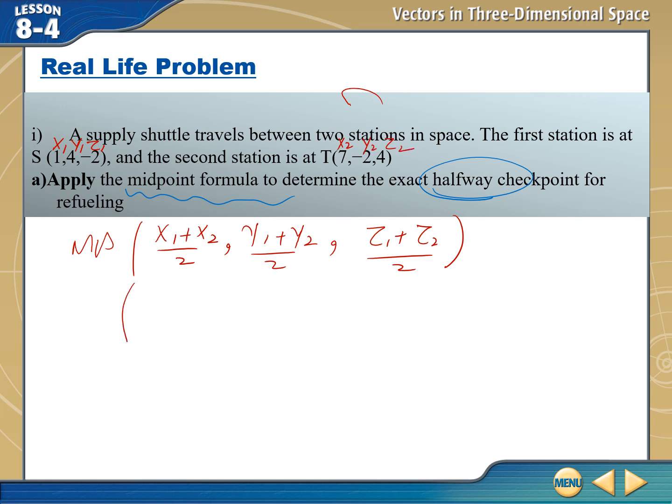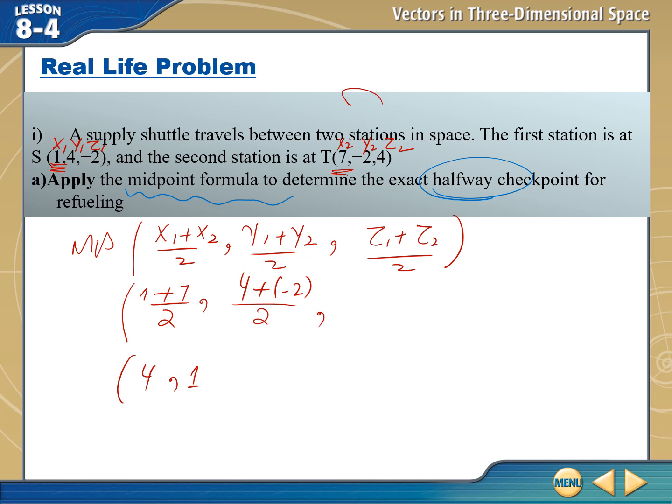Okay, so what is our x1? x1 is 1, and x2 is 7. So 1 plus 7 divided by 2. 7 plus 1 is 8. 8 divided by 2 is 4. Now y1 is 4 plus y2 is -2 divided by 2. So 4 minus 2 is 2. 2 divided by 2 is 1.